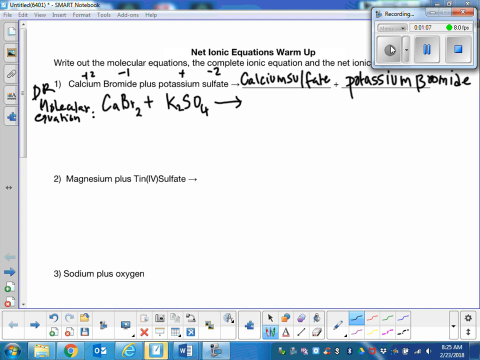Giving me calcium sulfate, a +2 and a -2, so it's CaSO4, plus potassium bromide is a +1 and a -1, so it's going to be KBr. Correct? So the molecular equation must be balanced. Okay? So in order to balance this equation, I need to introduce a 2 here.